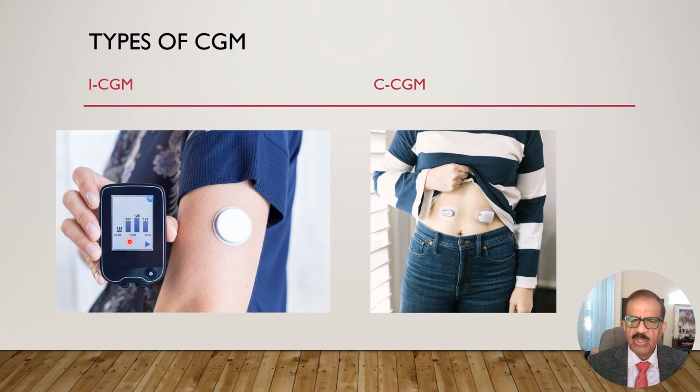You just bring this reader close to the scanner, and it will give you the reading. So whenever you experience hypo or hyper, or you just want to know your sugar for whatever reason, you can have it tested without a prick.